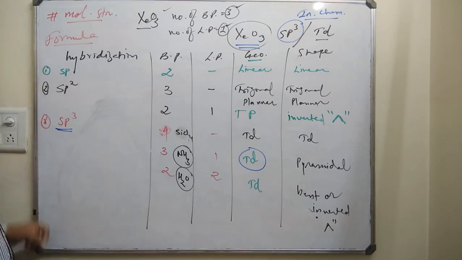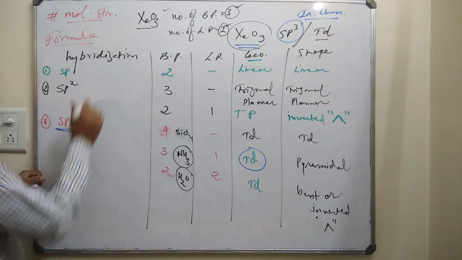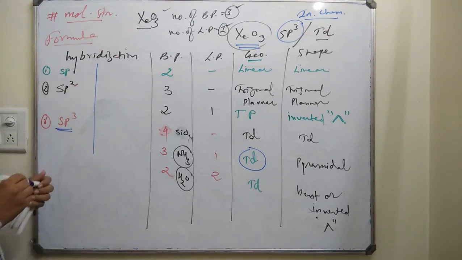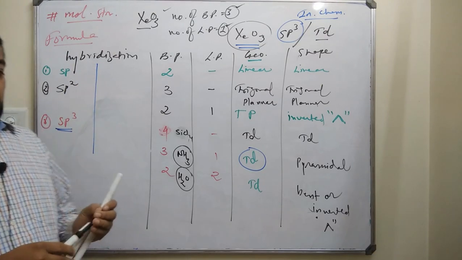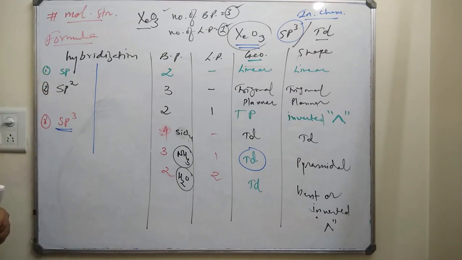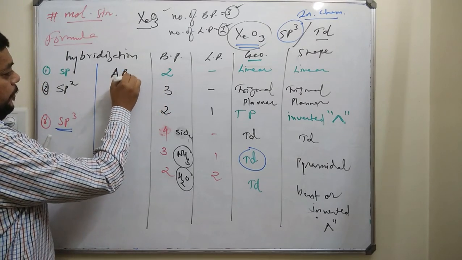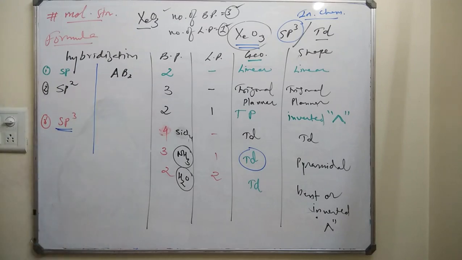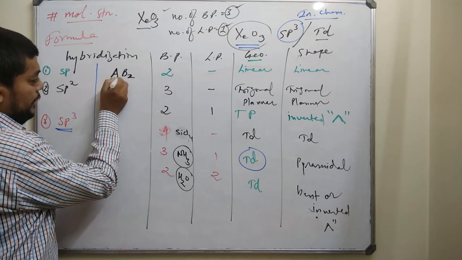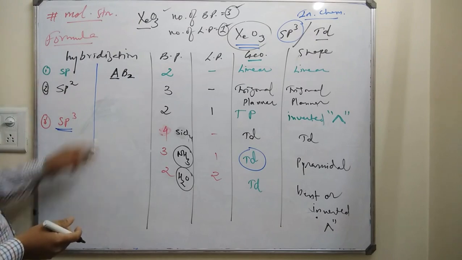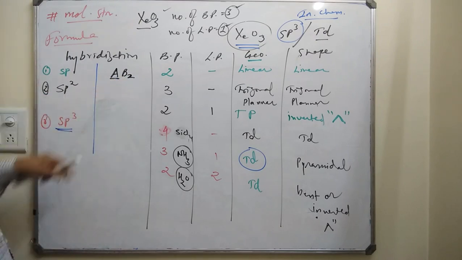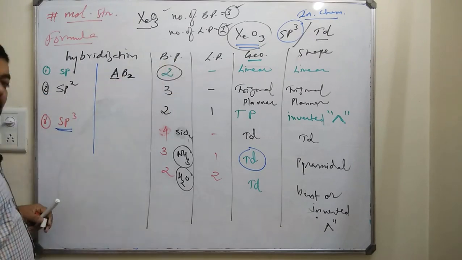And over here, we will add one more thing. Along with hybridization, let us add type of molecules. So when you have sp hybridization and two bond pairs, it is AB2. Now what is this AB2? A is the center atom in the molecule and B are two with context to two bond pairs.